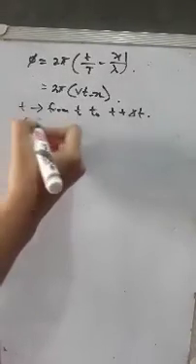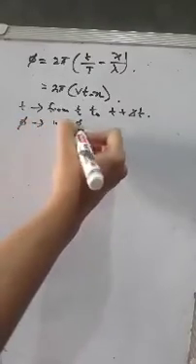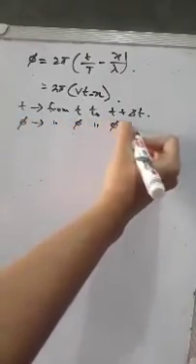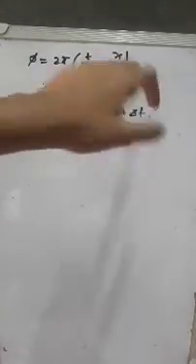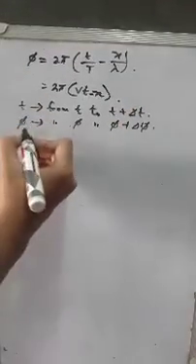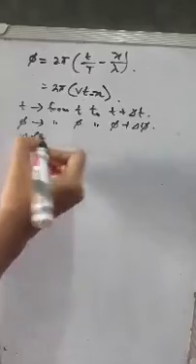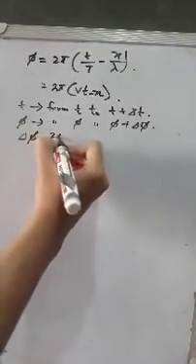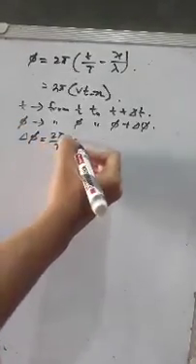Clear? So from these two equations of phi, what can we write? That del phi equals 2 pi by T into del t.